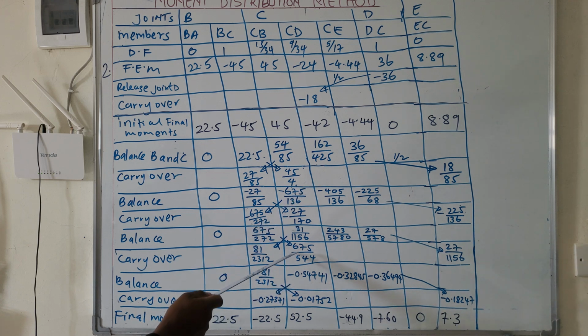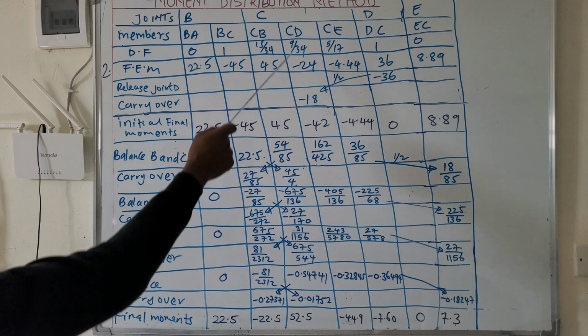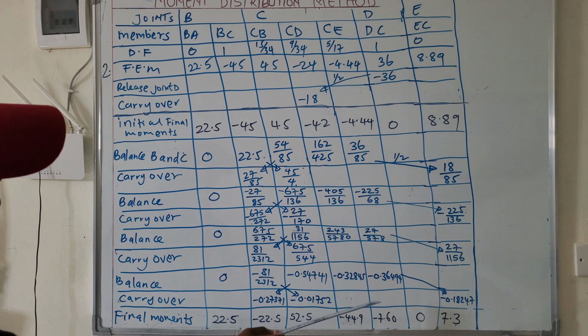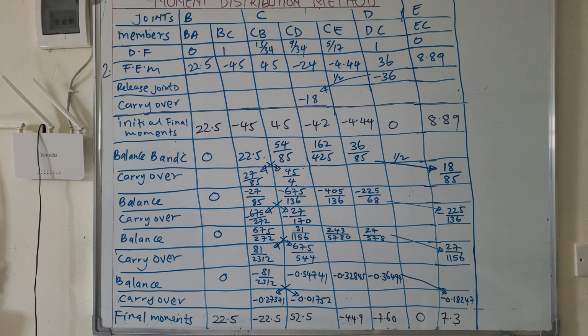You do the same, negative 675 over 554 times this, you will get this value. Negative 675 over 554 times this, you will get this value. Then what follows next? After balancing, we always carry over.